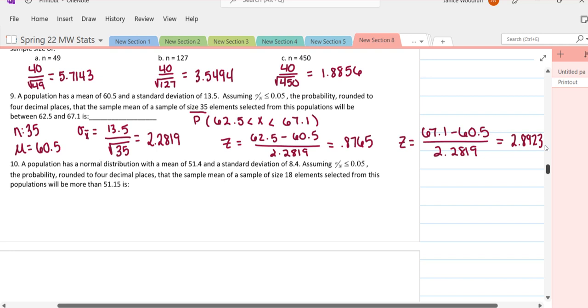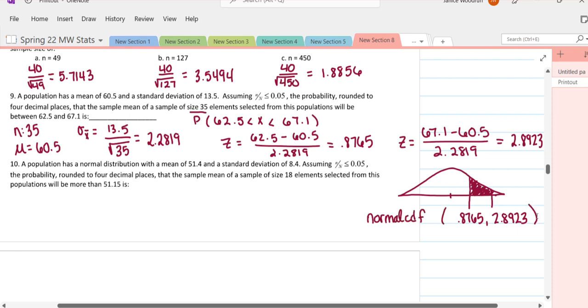Okay, so we have our two z-scores. I'm going to go ahead and draw it out. So you have point 0, so 0.8, probably about right here, 2.8, probably about right here. This is what we're looking for, this area right here. So we're going to go normal CDF, and then those are our lower and upper limits.